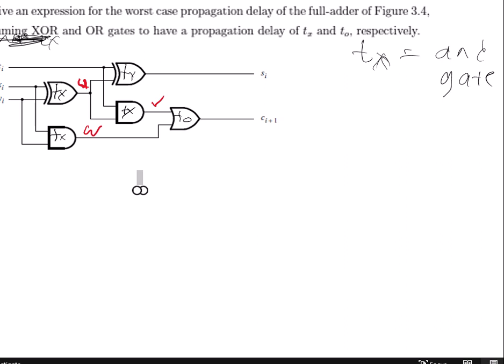Those are all places you have to get to before you can go on to the next step. So you can't get to this gate until you've gone through this one. You can't get to this gate until you've gone through this one. You can't get to this gate until you've gone through this one.